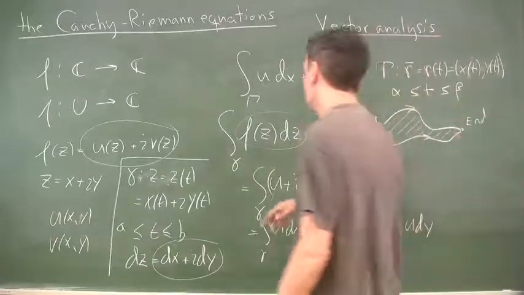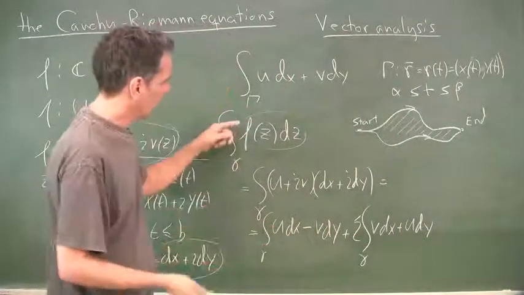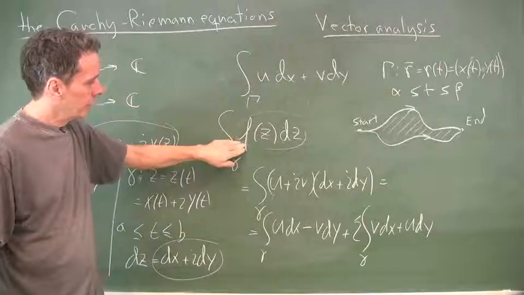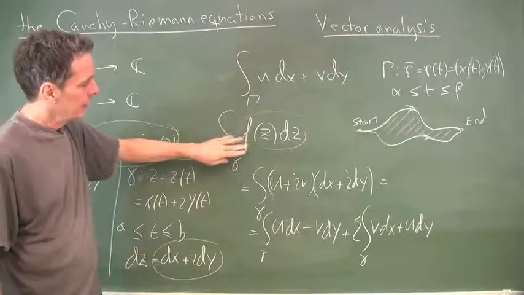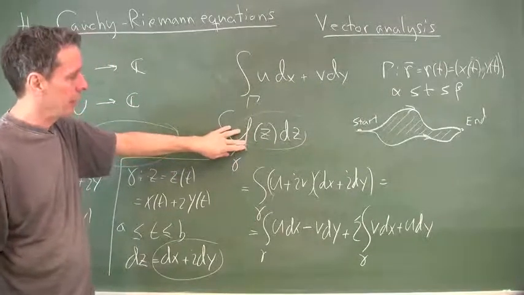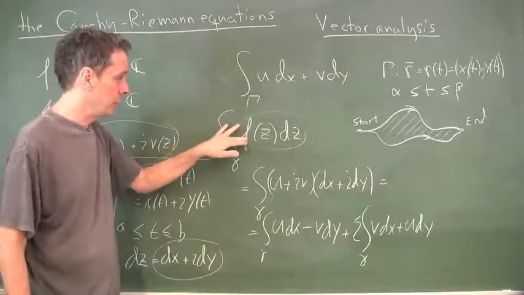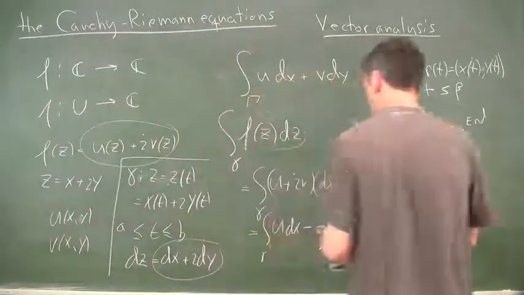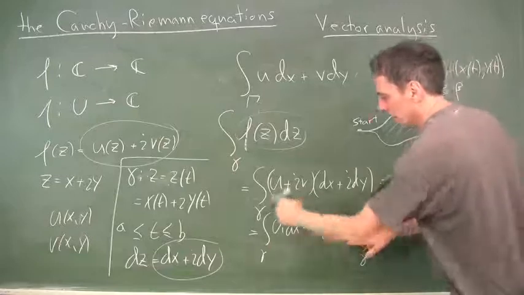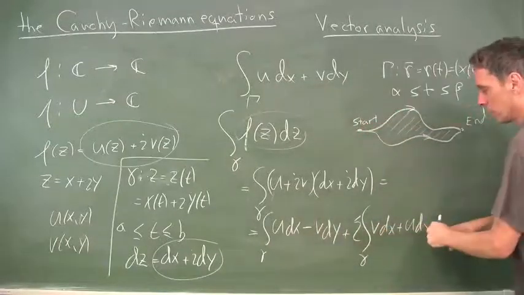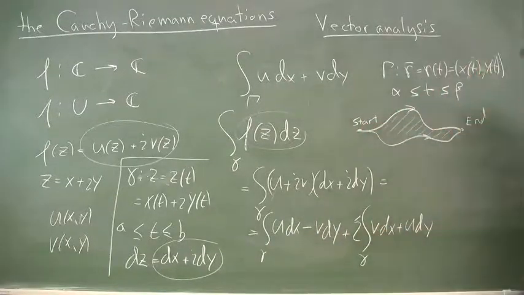So the question is now, under what circumstances is this integral path independent in the same sense as before? Well, of course, the answer is that it will be path independent if both the real part and the imaginary part will be path independent then.